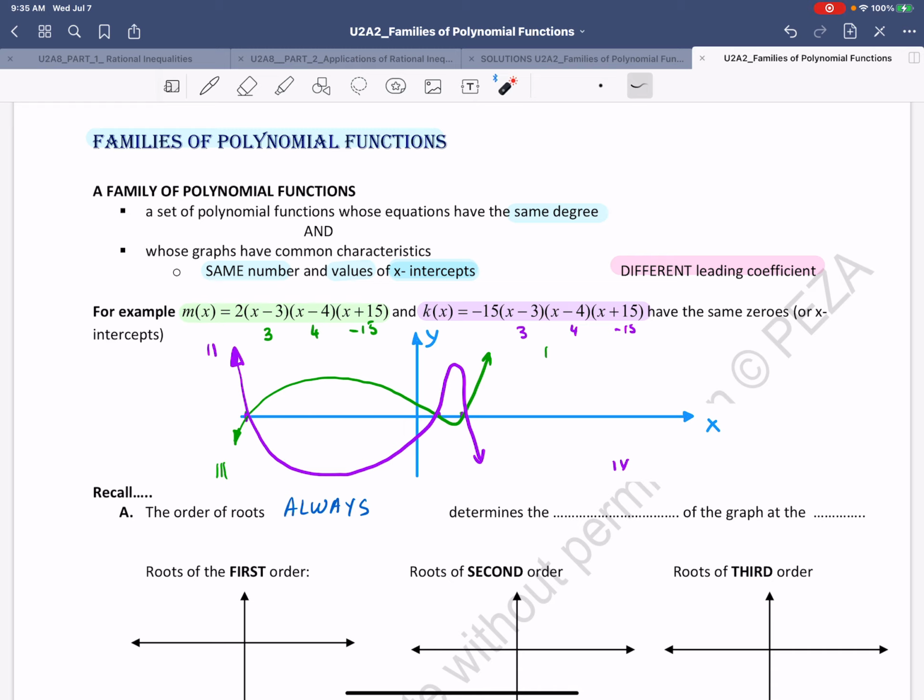So in order for us to be able to identify the shapes and the equations in a family of polynomial functions, we need to go over a few features. First of all, recall that the order of roots always will determine the shape of the graph at the x-intercepts.